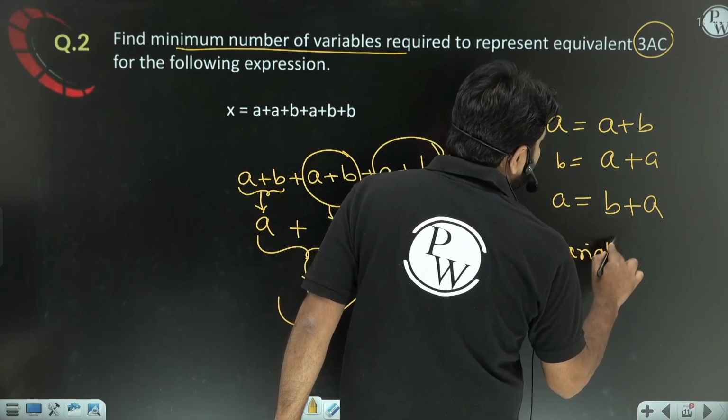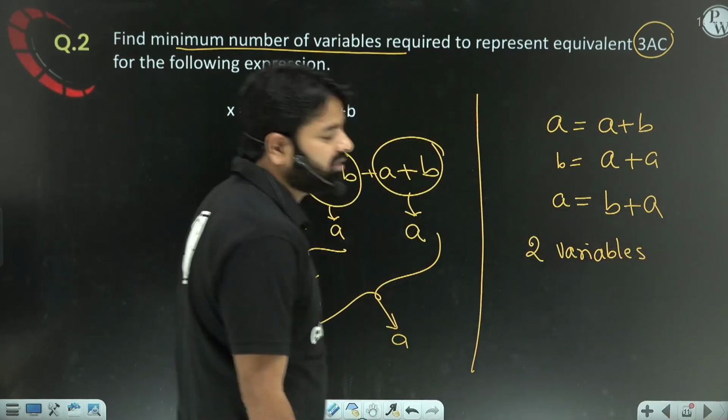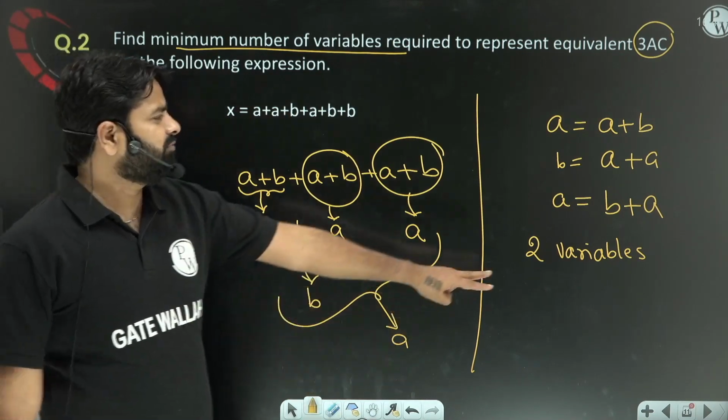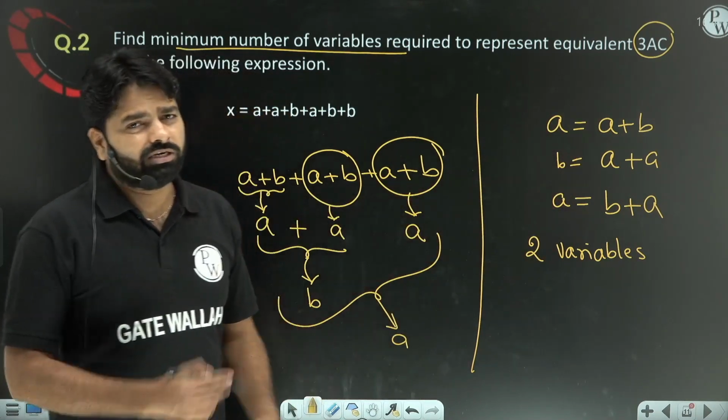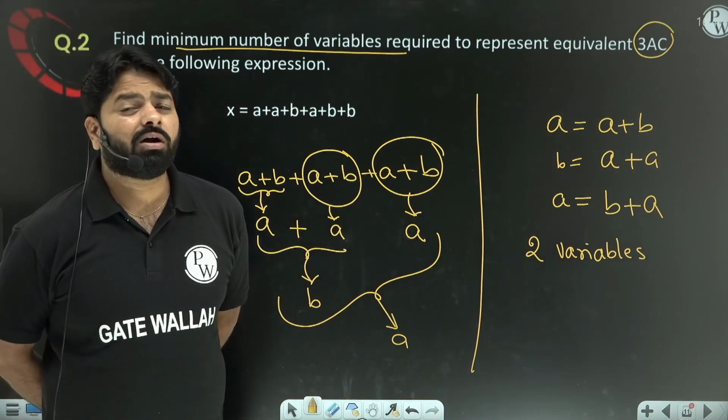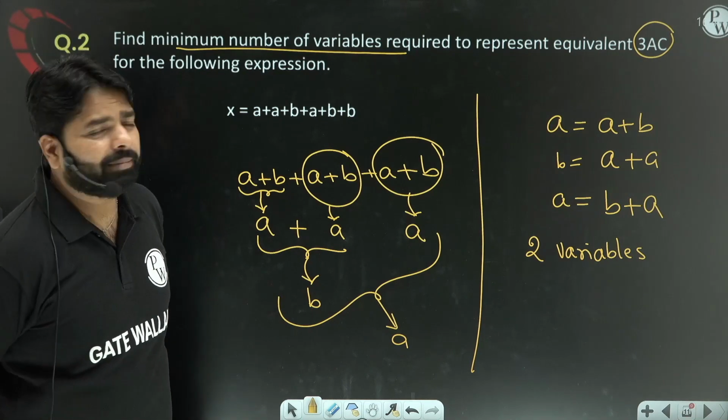I have not taken even a single additional temporary variable. So the minimum number of variables required is just 2 for performing the same logic. This is called the best 3 address code, or optimized 3 address code.